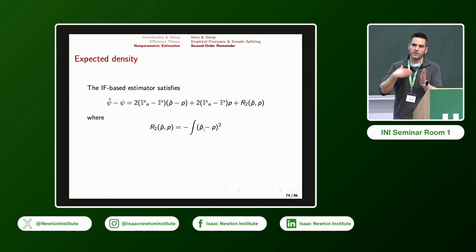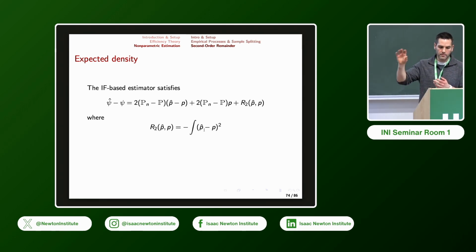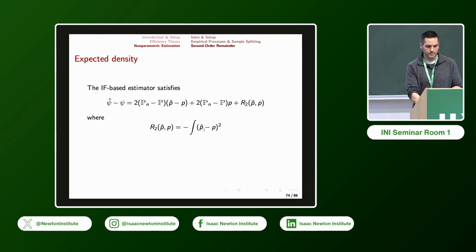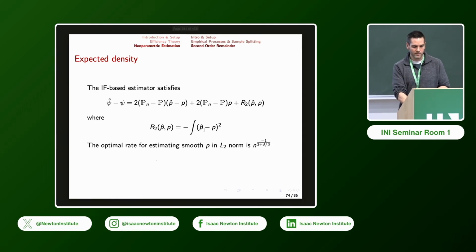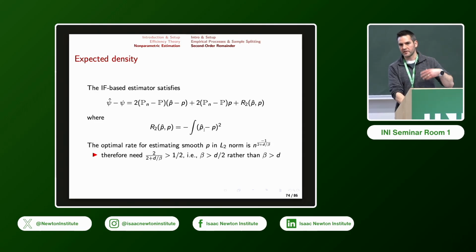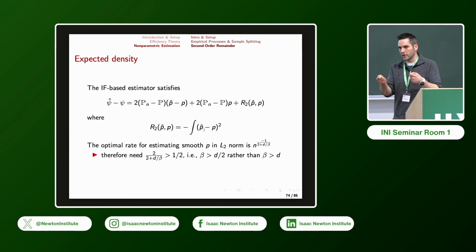So after you square an n to the minus one-quarter rate, you get a root n rate. And that will make this term of the order 1 over root n or smaller. And so then that Gaussian approximation term will dominate. And so you can back out conditions like on smoothness or other structural assumptions on the density, or whatever the nuisances are that you're working with, to figure out what you need to get n to the minus one-quarter rates, for example.